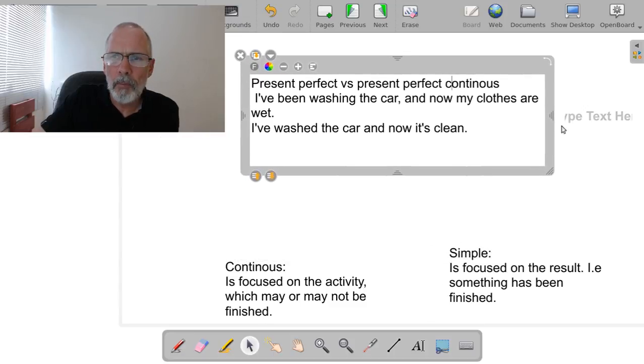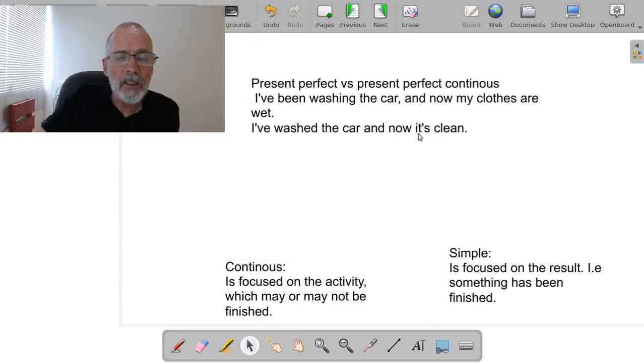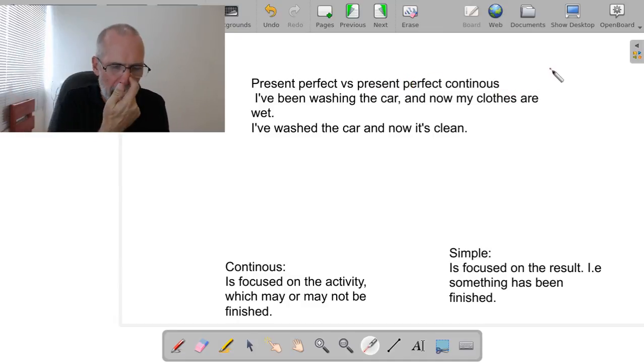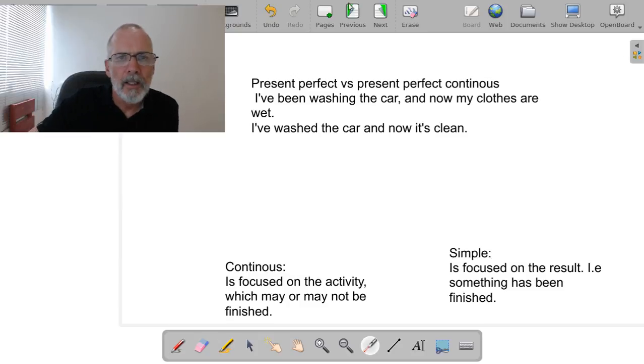This is important because in the last class we saw the present perfect and today we're looking at the present perfect continuous. So these tenses are very similar. Here I've got 2 examples. I've been washing the car and now my clothes are wet.